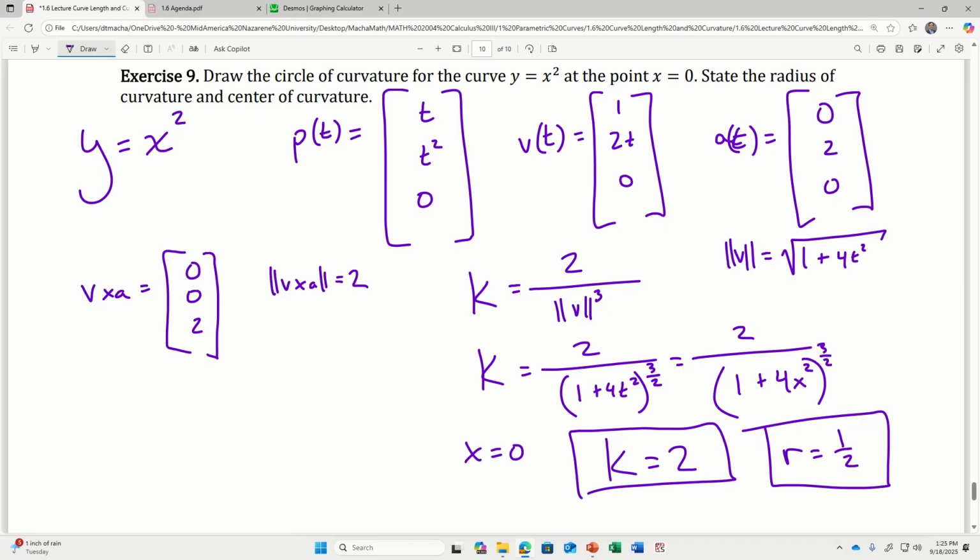To get a good direction, I just need anything in the normal direction. So it could be the normal component of acceleration, but I don't know if we have enough time. We've got 3 minutes. That's what I'm weighing over.